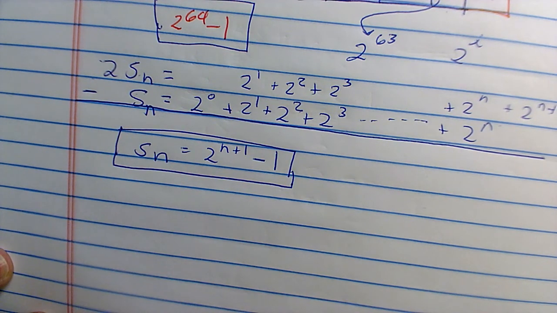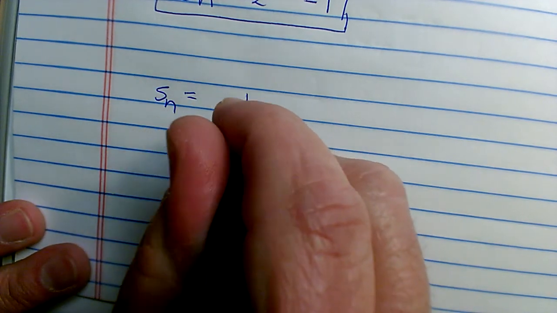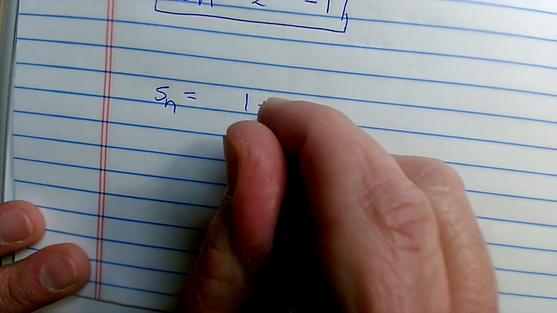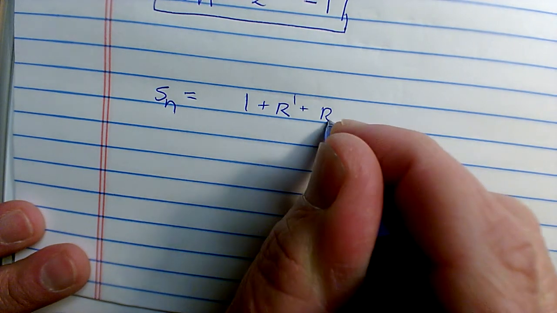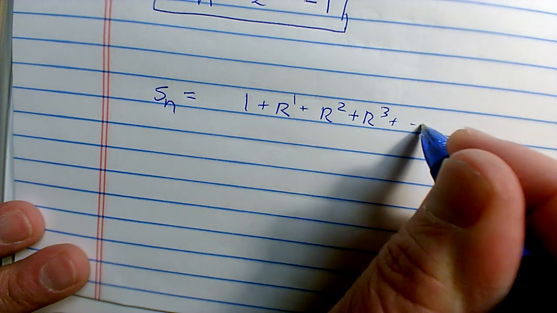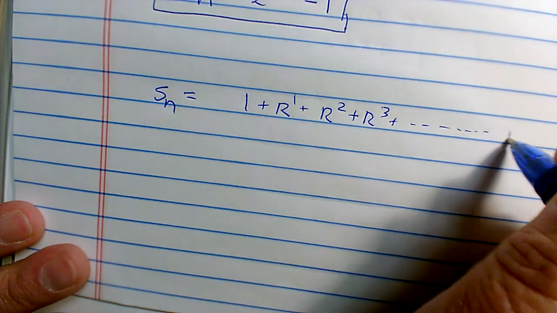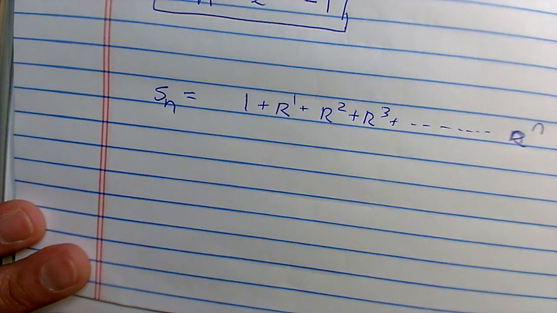So this time we're going to make our sum equal to 1 plus r, that's r to the first, if you will, plus r squared, plus r to the third, all the way up through r to the n.